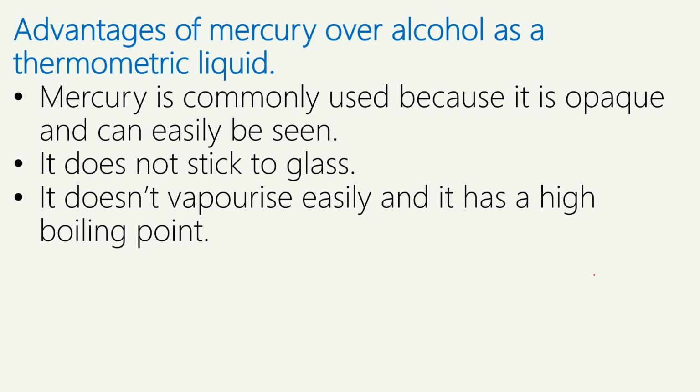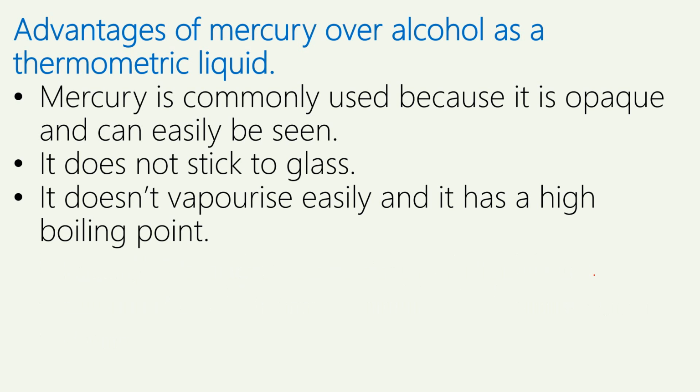We know that mercury has a high boiling point, around 357 degrees Celsius. So it has a bigger advantage over alcohol. Alcohol boils at 78 degrees Celsius at standard atmospheric pressure, but for mercury, we have 357. So you realize that mercury has a higher boiling point, and therefore it doesn't vaporize easily.